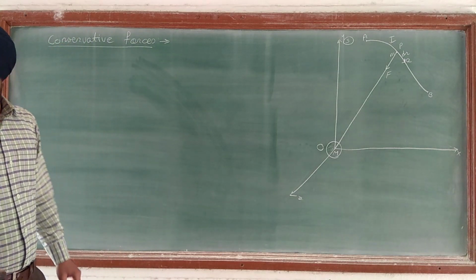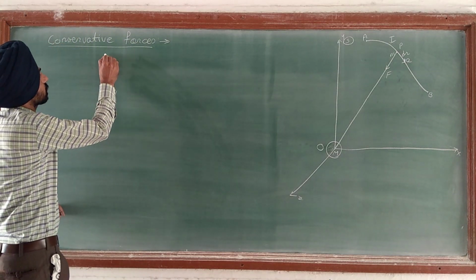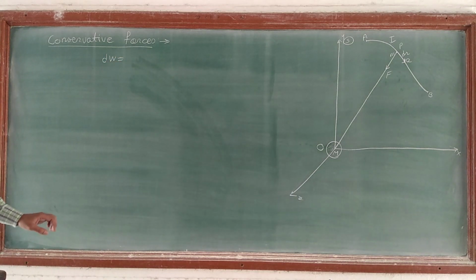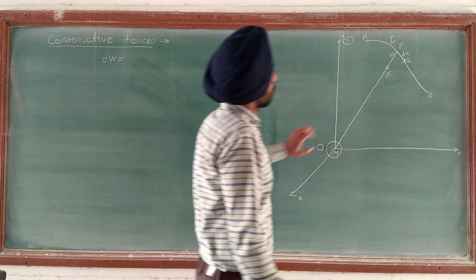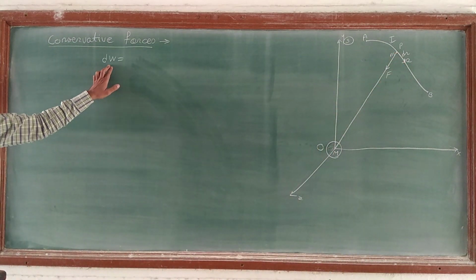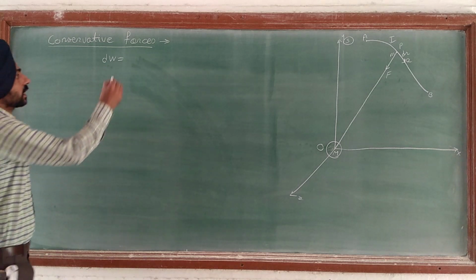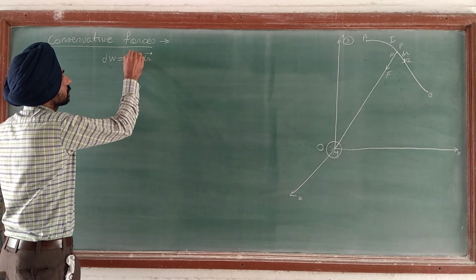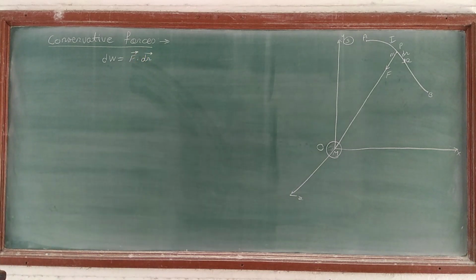By definition, the small work done by the force in moving a small displacement dr, dW, is equal to F dot dr. F is this gravitational force.